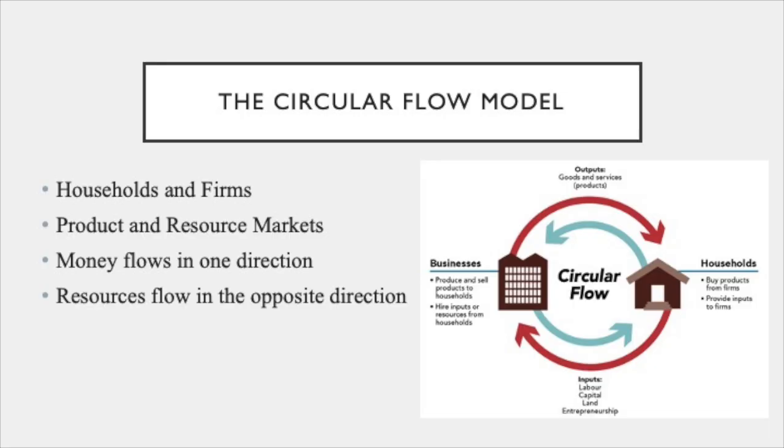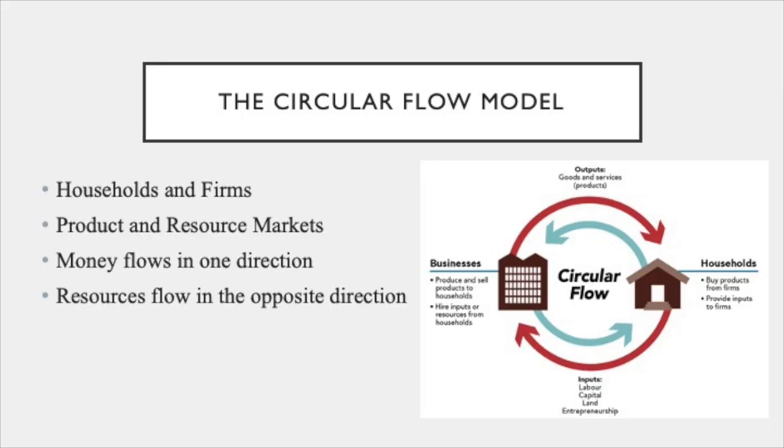Businesses, on the other hand, produce goods and services and pay households for the resources they use. They also make profits, some of which they reinvest in their business, which is called an investment. And we can't forget the government and foreign sector. The government collects taxes and spends on goods, services, and transfer payments, while the foreign sector buys and sells goods with us, which are called imports, as well as exports that we send to them, which adds another loop to the flow.